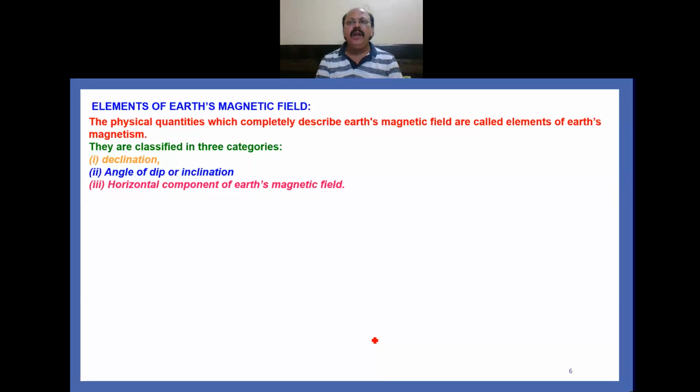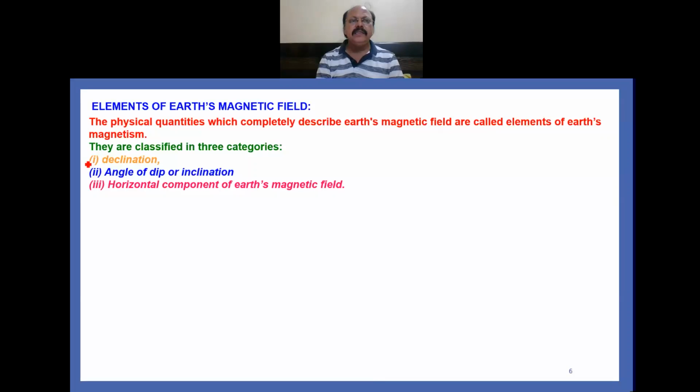That's why they are called elements of Earth's magnetism. They are classified into three categories. One is declination, second one is angle of dip or inclination, and the third one is the horizontal component of Earth's magnetic field. So one by one you understand the meaning.